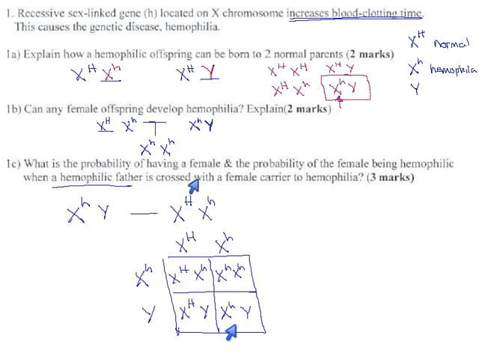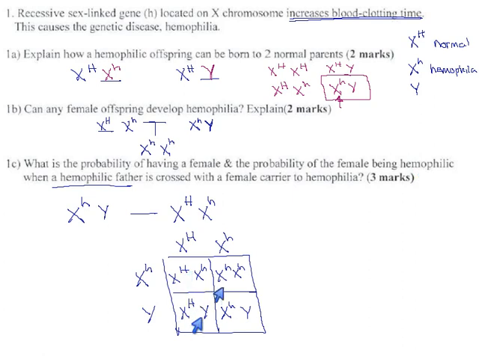So they're saying, what is the probability? I'm not sure if this is meant to be two questions or one. The first part is, what is the probability of having a female, which is 50-50. But what I think they meant is, what is the probability that they have a daughter and that she's hemophilic? If we look at this, we have a carrier daughter, that doesn't count.